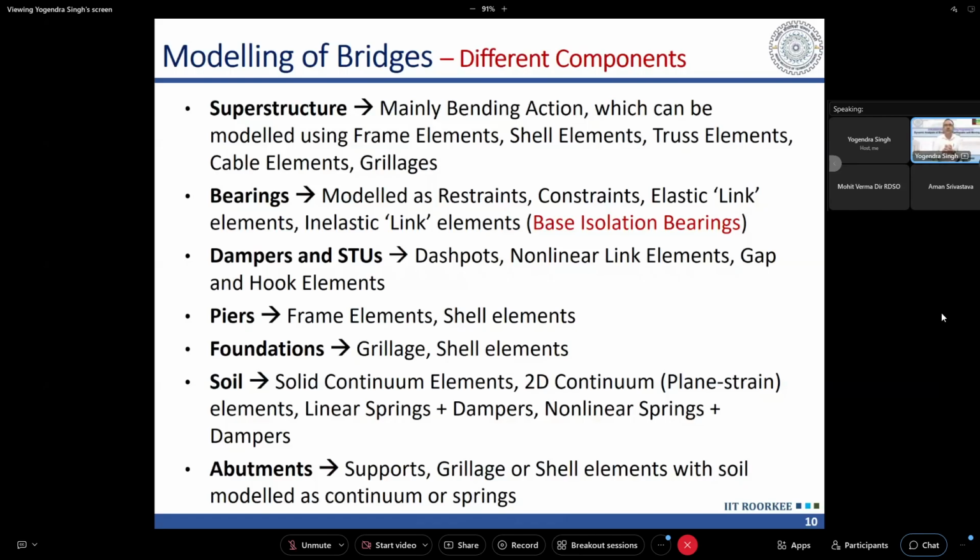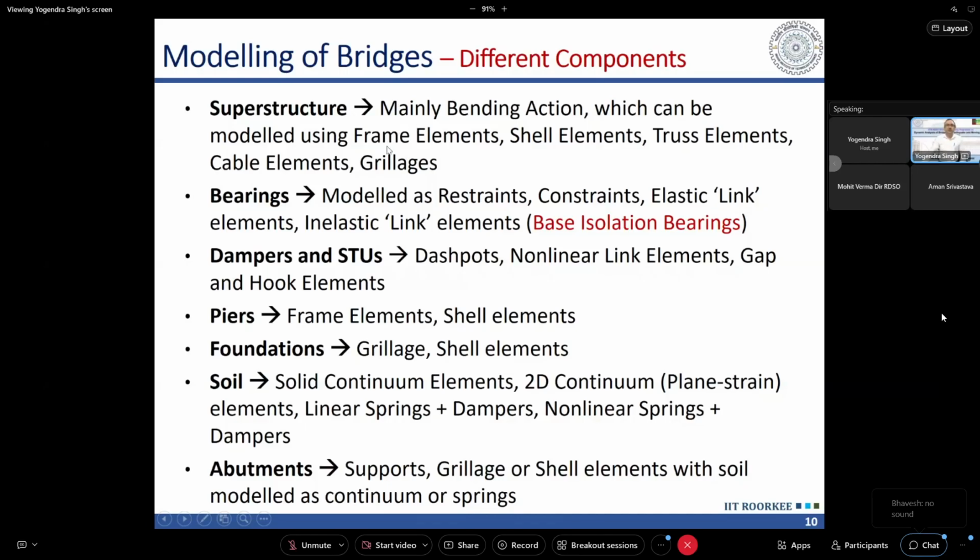So in most cases, the superstructure during an earthquake acts like a mass, but it is also subjected to bending, especially if it is flexible. And under moving load, the superstructure is the most important component. So the response under moving load will be different. There, it will be mainly the superstructure which gets deformed, and we need to model the superstructure.